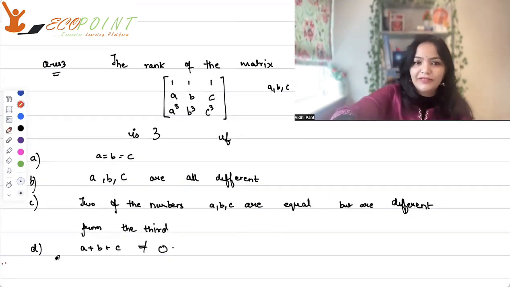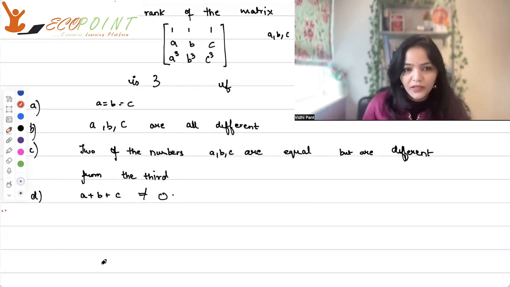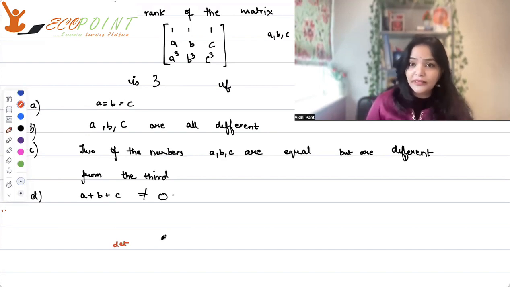Well, let's see how to solve this question. The determinant, clearly, if you want rank to be 3. Now, what is rank? Rank means the number of linearly independent rows, in one sense. So if you have a 3 cross 3 matrix and you want rank to be 3, that is full rank, that means the determinant should not be equal to 0. Absolutely.